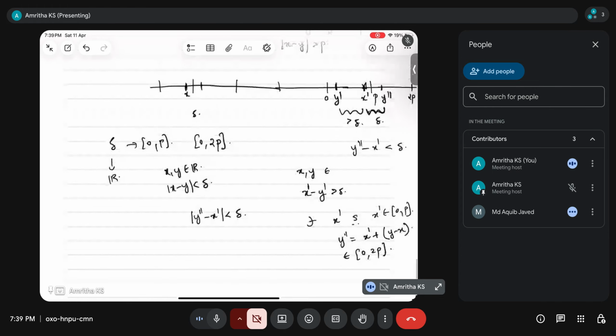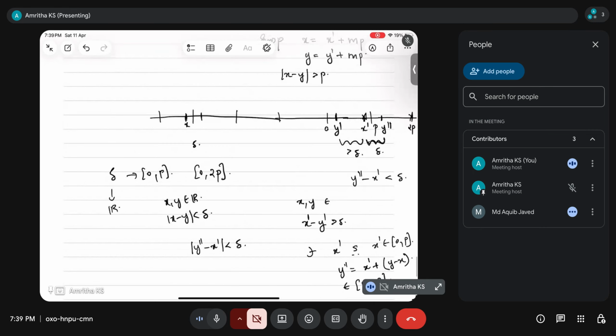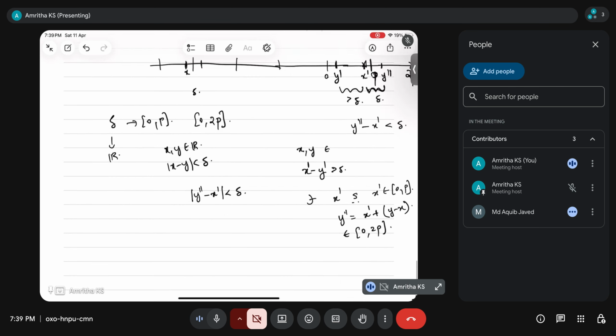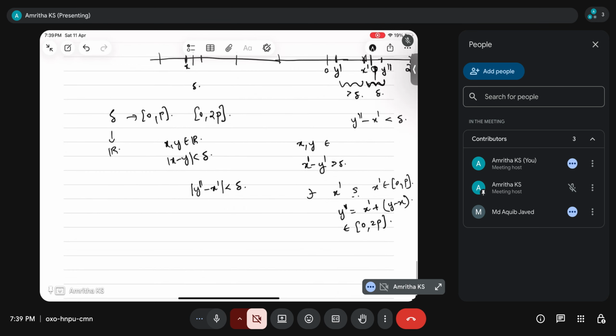That is what I am telling. Maybe you are not seeing this 2p. This is 2p. Here is my p. No, you are telling that y dash minus x is less than delta. That may not be true.